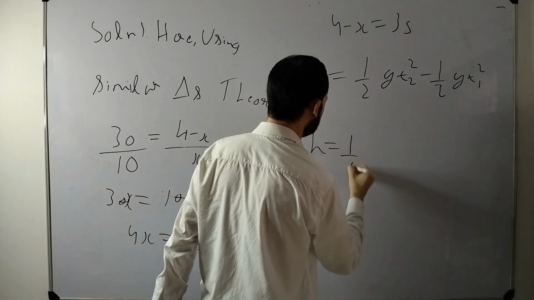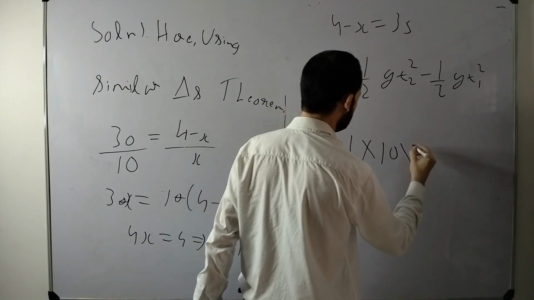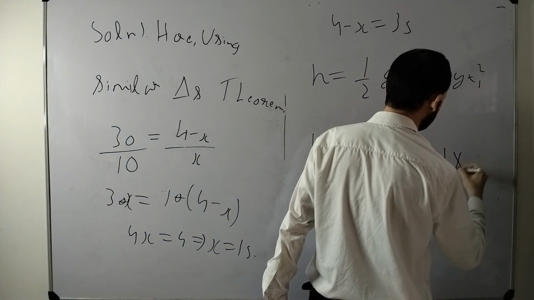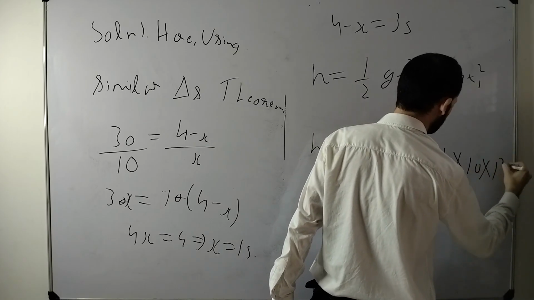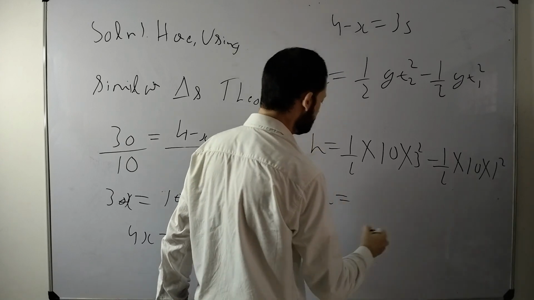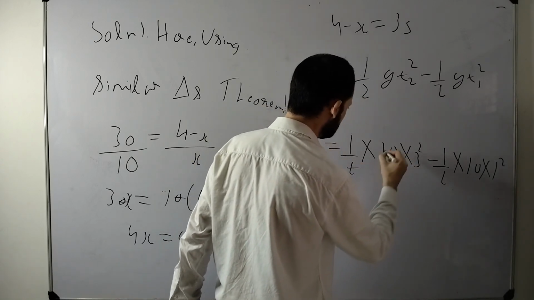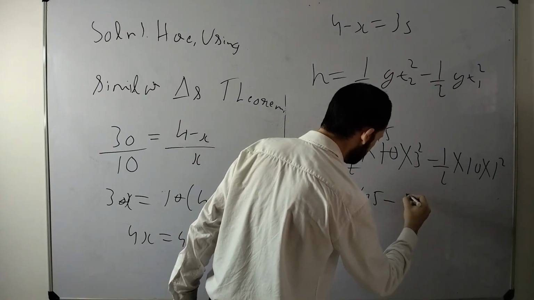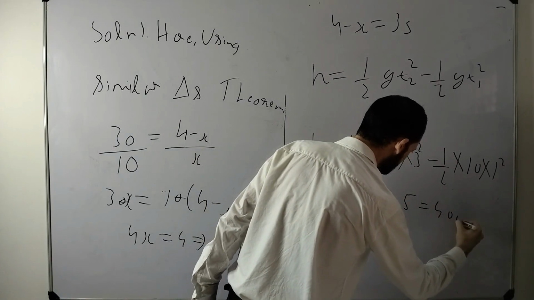H is equal to half into 10 into 3 squared minus half into 10 into 1 squared. Solve this, what do we get, students? You need to tell us: this is 5 times 9, 45, and this is minus 5, this becomes 40 meter.